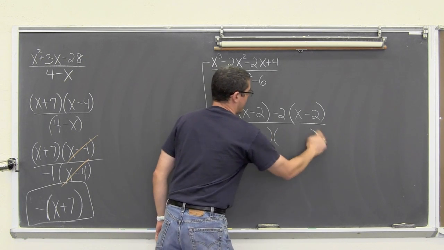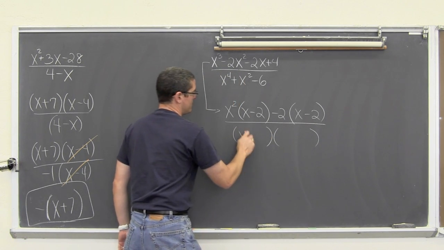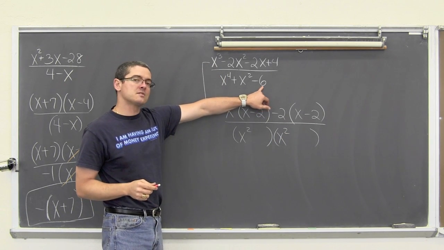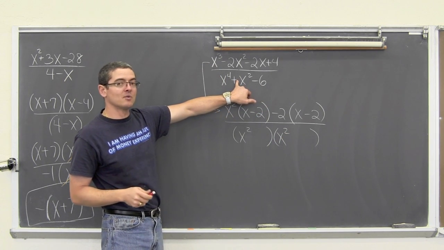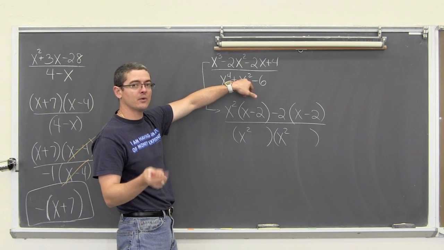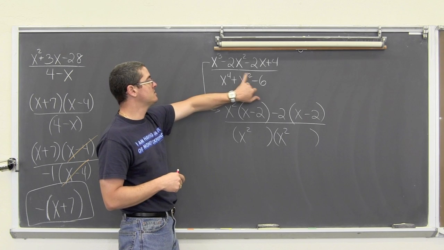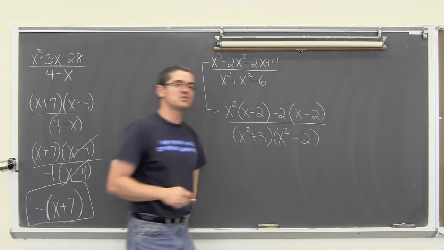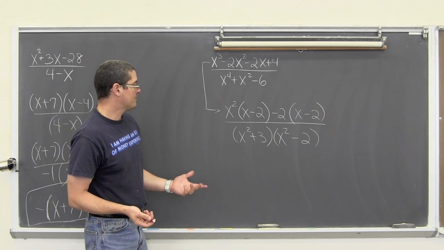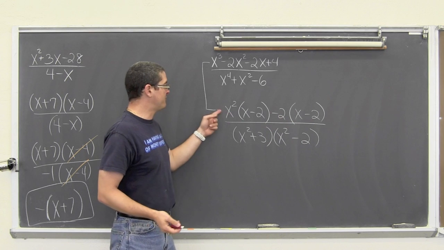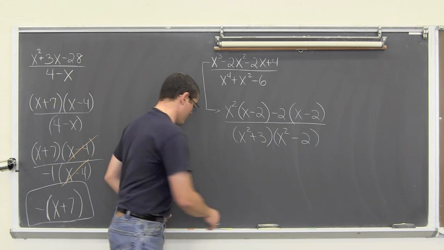So we're going to have our two patterns here, and again, the square root of x to the fourth is x squared. We are looking for factors of 6 that subtract to the middle term of 1. Well, factors of 6 are 1 and 6 and 3 and 2, and the ones that subtract to be positive 1 are positive 3 and negative 2. Well, now what? We're not done factoring the numerator yet. I just did the first step of factoring by grouping.